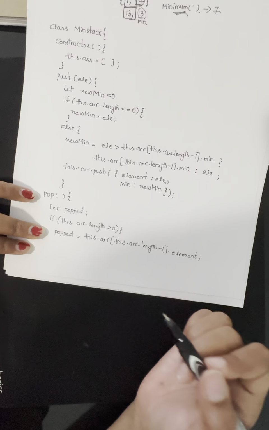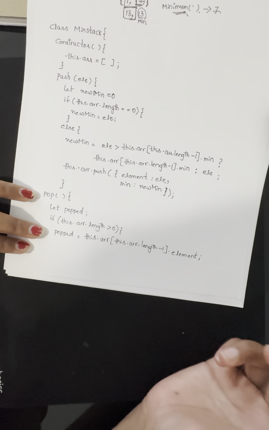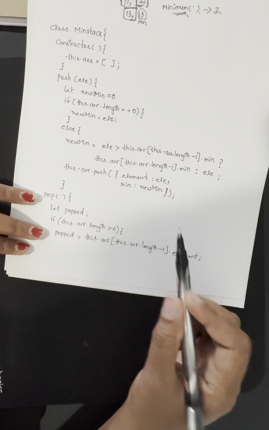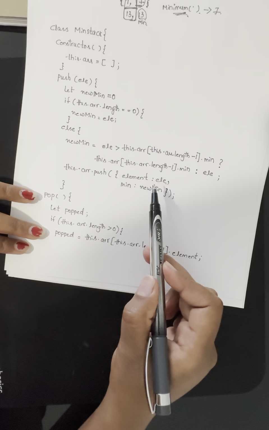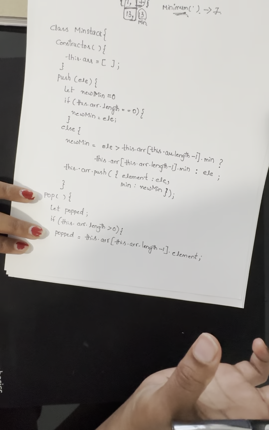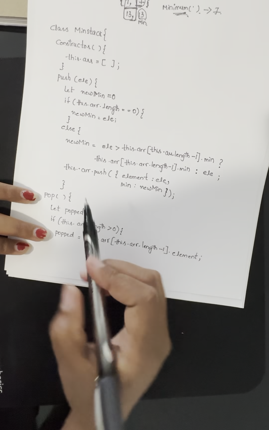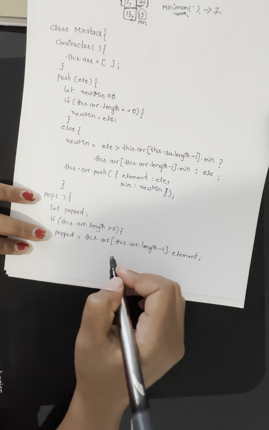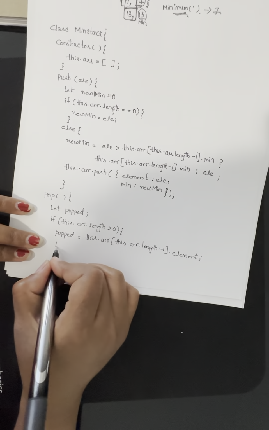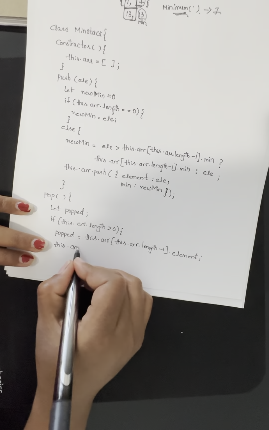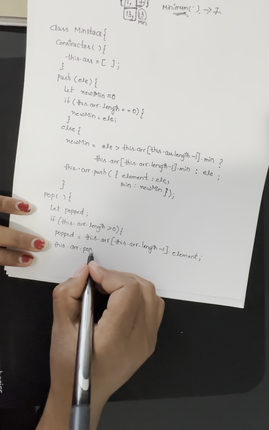So in the stack I'm just taking the last element. From that I'm taking only the element because in the stack we are storing both the element and the minimum. So in popped I am storing the element, and then I will remove the last entry. So I am doing this.array.pop.